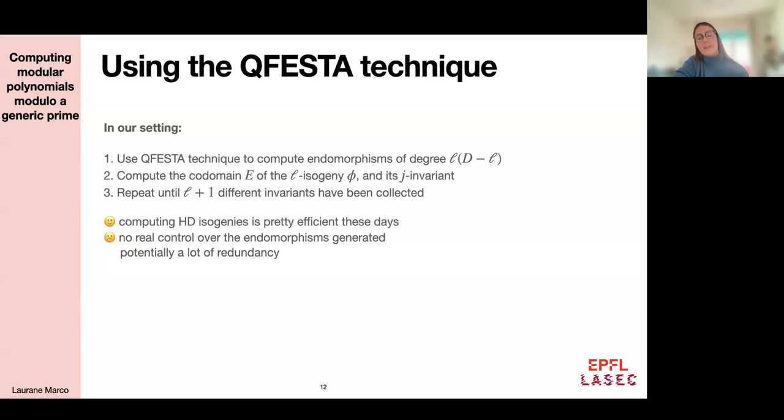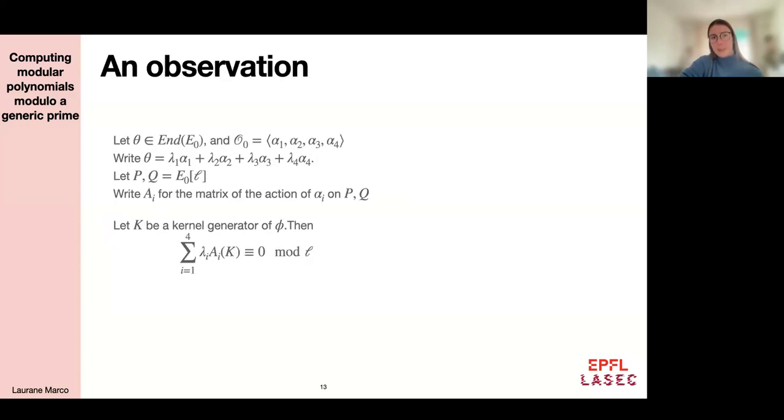So at this stage, we're like, okay, what can we do to have a bit more control and maybe decrease the redundancy? So we started with this observation that, suppose you have an endomorphism theta in your endomorphism ring and you know a basis of the order O0 given by alpha 1, alpha 2, alpha 3, alpha 4.